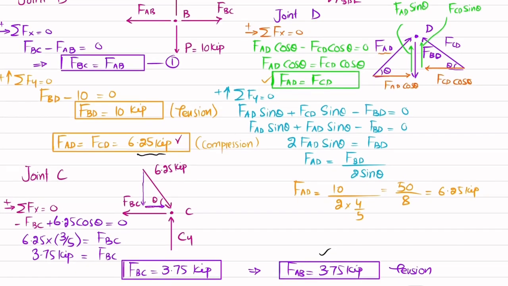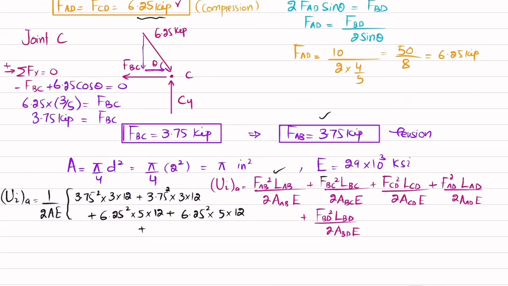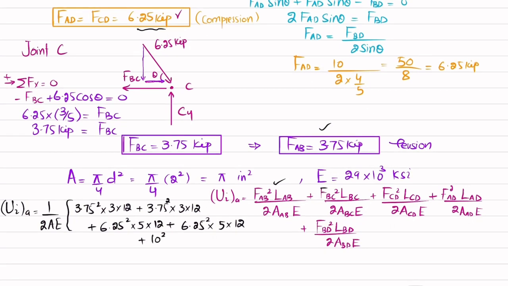FBD is this one, 10 kips. So I will write 10 square multiplied by 4 multiplied by 12. Clear? And we will also write it as 1 over 2, area is pi and E is 29 into 10 raised to power 3, multiplied by all these values.